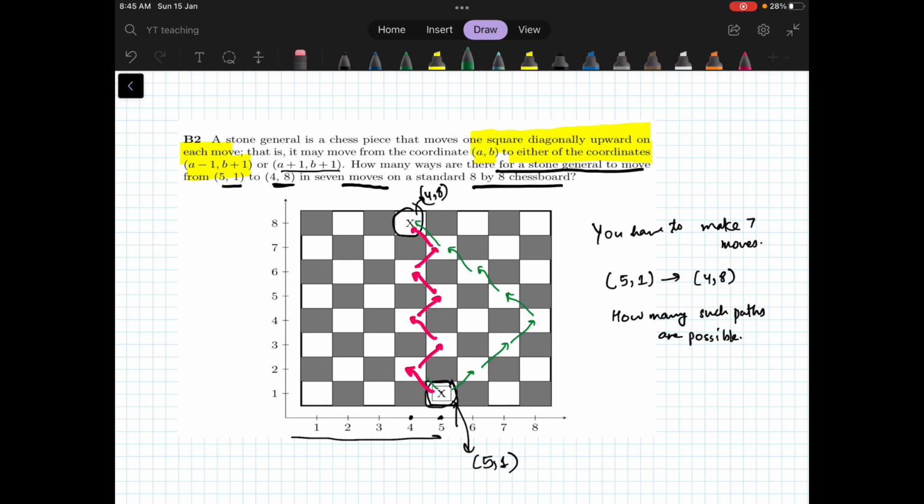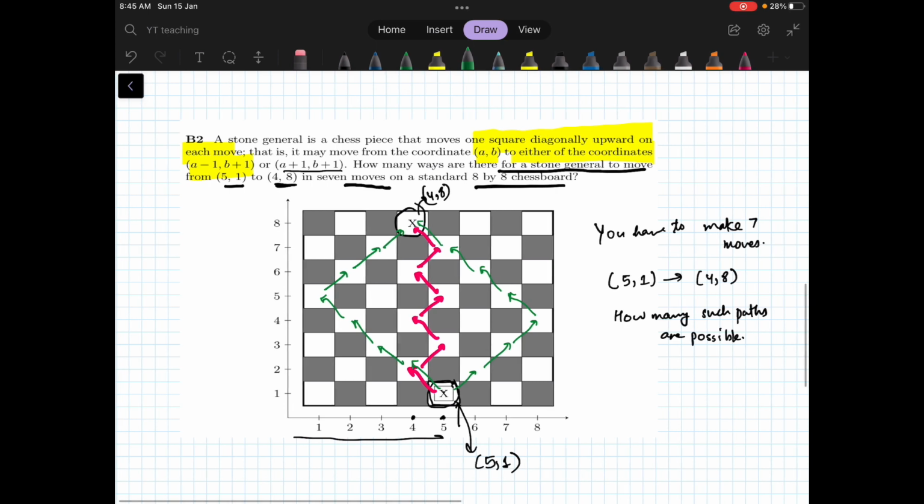We can go 1, this is the same color, 2 3 4 5 6 7. There are so many paths. So these are examples of 3 paths which I have shown. So we have to tell how many paths are there. You see, we cannot draw all the paths. That's not possible. So we should have some mathematical explanation of how many paths are possible.